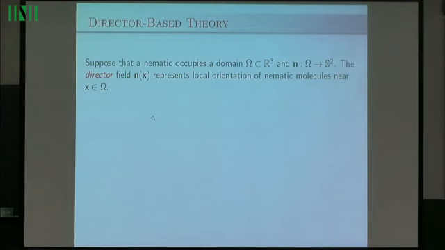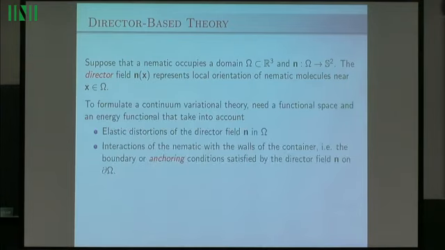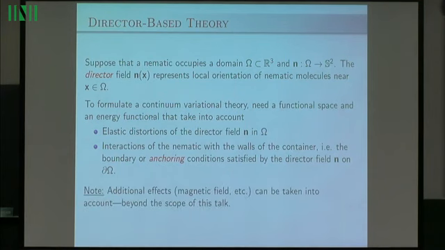So if we want to model a nematic liquid crystal, which consists of material with molecules with highly anisotropic shapes where you form ordered phases, the thing to do is first to devise a field which will describe the local state of a liquid crystal. In this case, it is a director formulation. So we describe a liquid crystal by unit vector field n, which is called a director.